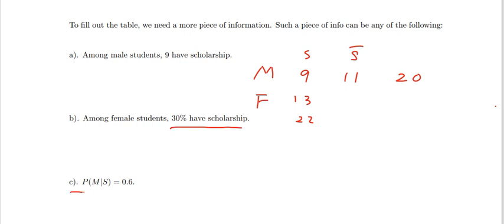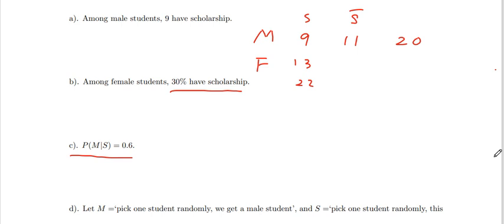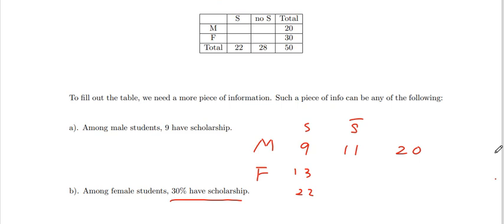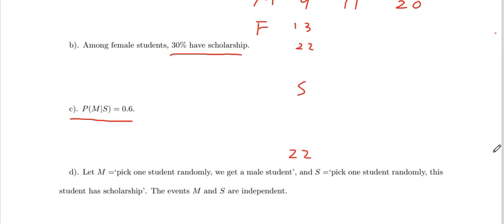Here we also can use another condition. Among scholarship students, male count for 60%. So let's say total scholarship we have 22, right? So among the 22, we have male or female. This means male count for 60%.